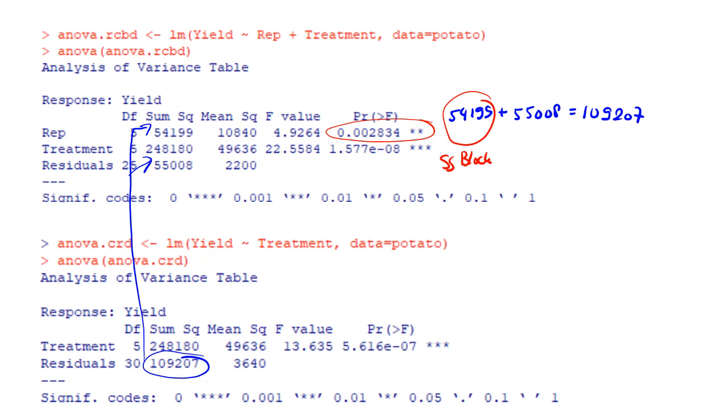Therefore, the RCBD has a smaller estimate of experimental error, which means for this experiment, the RCBD is more efficient than the CRD.